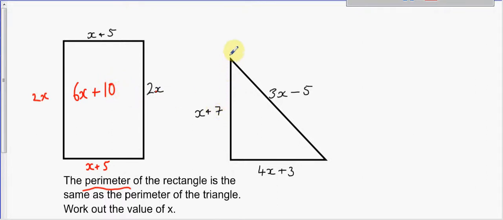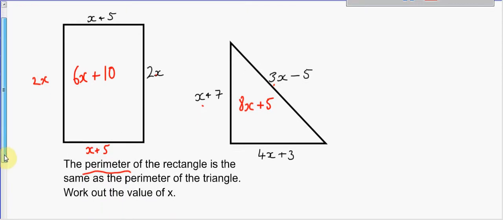Over here, the perimeter of the triangle, we've got x and 3x, which makes 4x, and another 4x, which makes 8x. Then we've got 7 and 3, which make 10. Take away 5 leaves us with a positive 5.